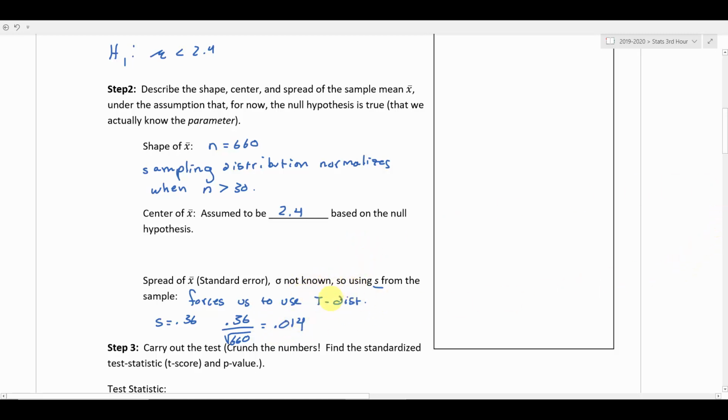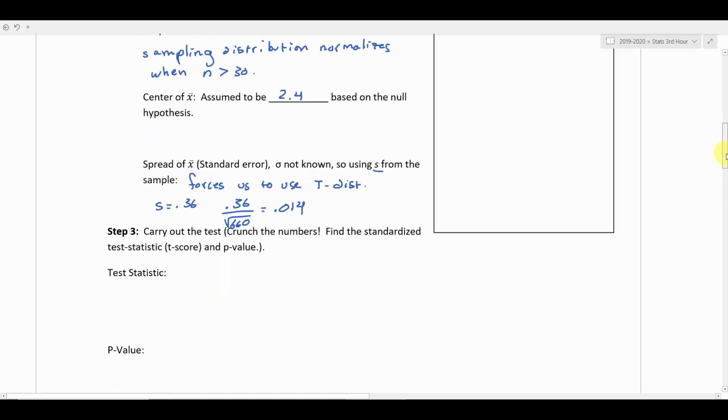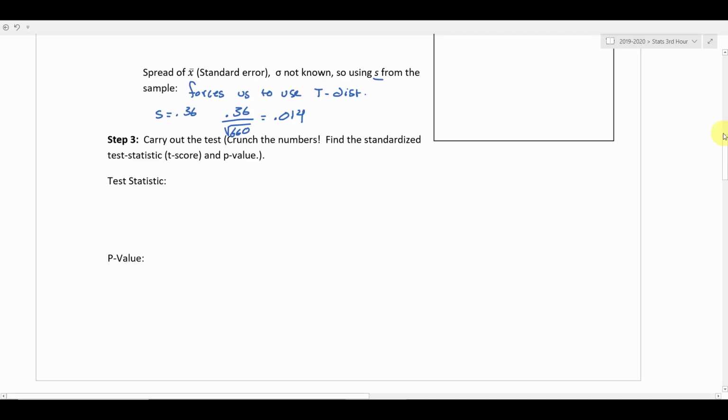So our test statistic is a measure of how far away from the center we are with our test data. Okay, so our test data told us that we got 2.33 as our mean weight. We were supposed to get 2.4, right? So to figure out how far away we are, we simply subtract those two things, and then we divide that by the standard error, 0.014.